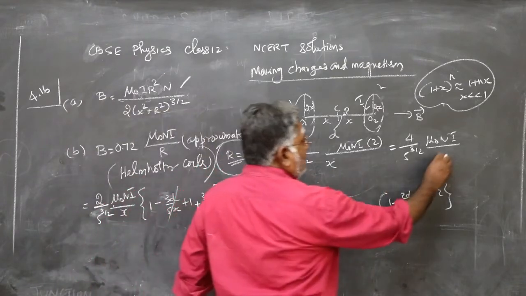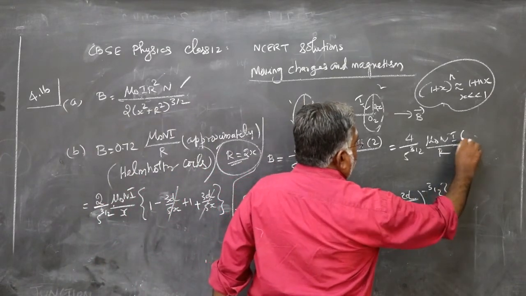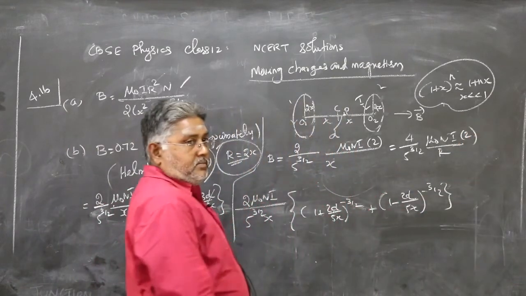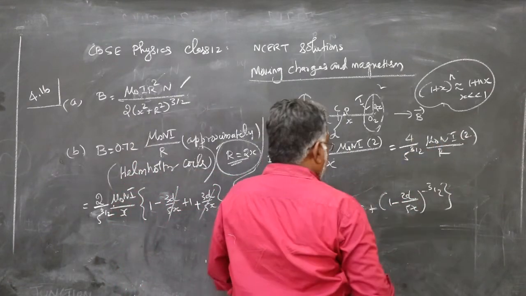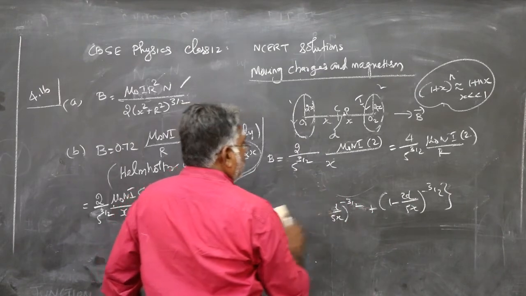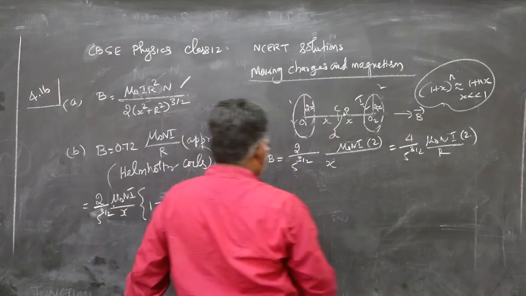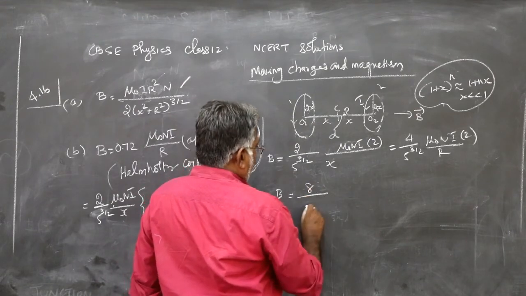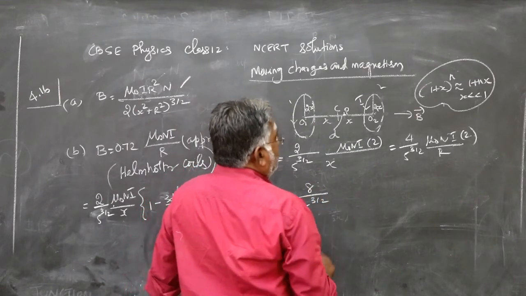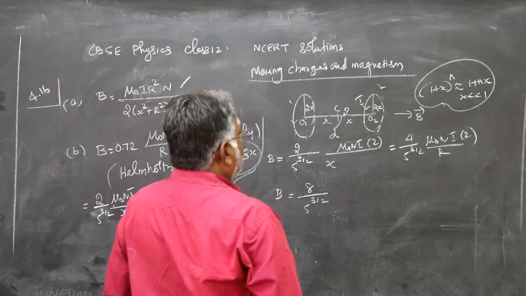For x I put r by 2. This 2 and this 4 you write as 8. So net field is 8 by 5 power 3 by 2 mu naught ni by r.